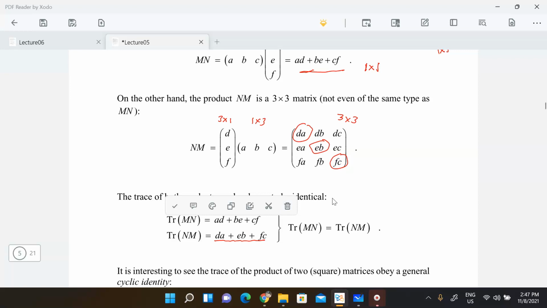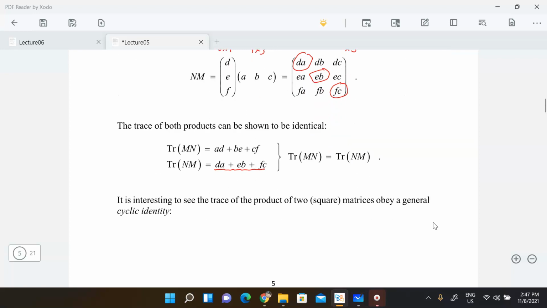So what we have established here is one property called the cyclicity of the trace. The trace of the product of two matrices, if you swap them around in a cyclic manner, always gives you the same answer.